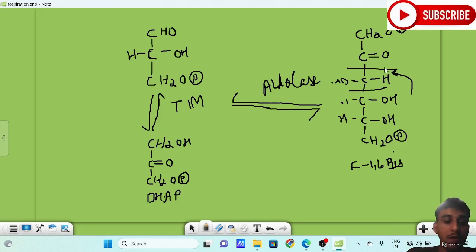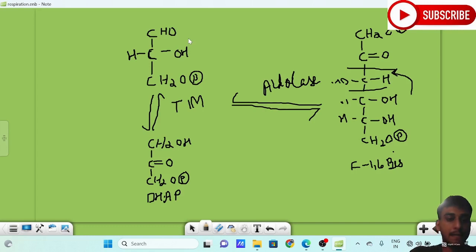But look here, DHAP and glyceraldehyde 3-phosphate are formed. Both of them are 3 carbon compounds. So we need only a single pathway to continue. But if it was a 2 carbon compound and a 4 carbon compound, we would need different enzymatic machinery. We need a different pathway. So it is a waste of energy. So this is the reason why glucose 6-phosphate is converted into fructose 6-phosphate, then fructose 1,6-bisphosphate.